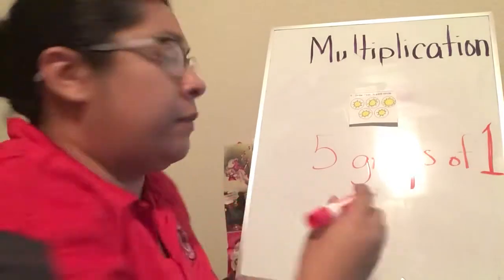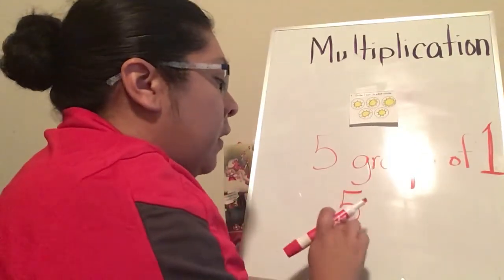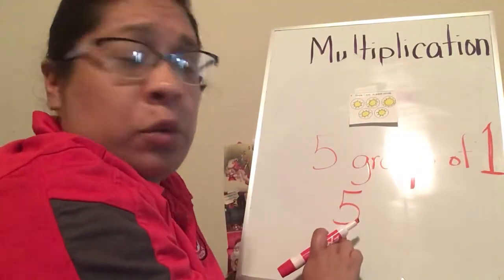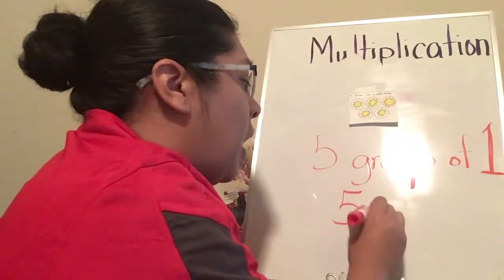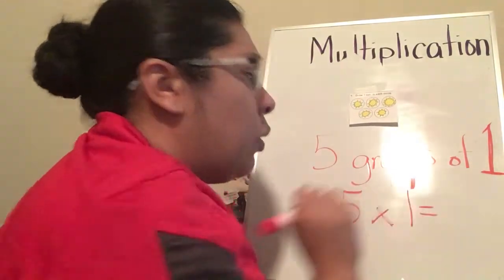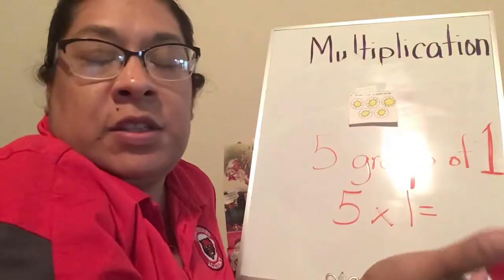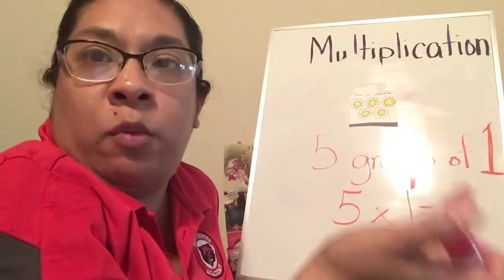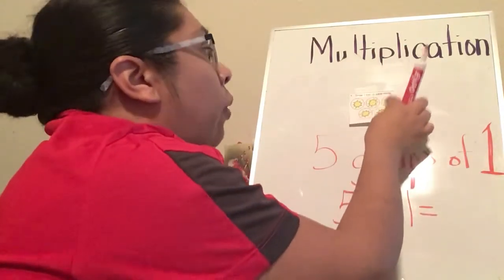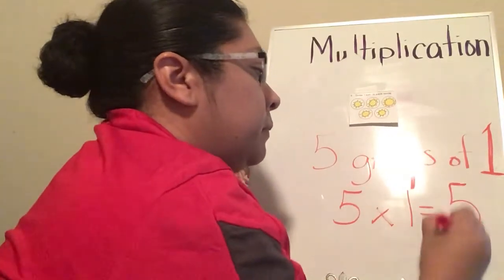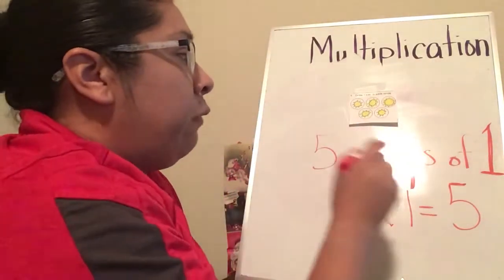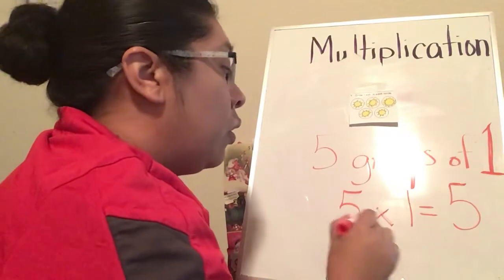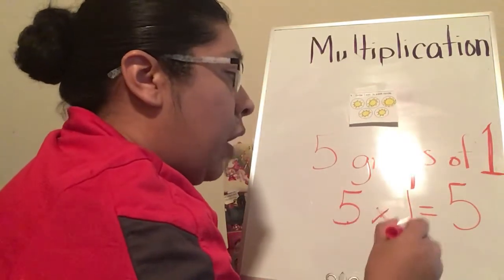How would you write it? You would do 5. Remember that first number is how many groups? 5 groups of 1 equals, now this would be easy to skip count because you're just skip counting by ones. 1, 2, 3, 4, 5. Okay, so 5 groups of 1 is 5.